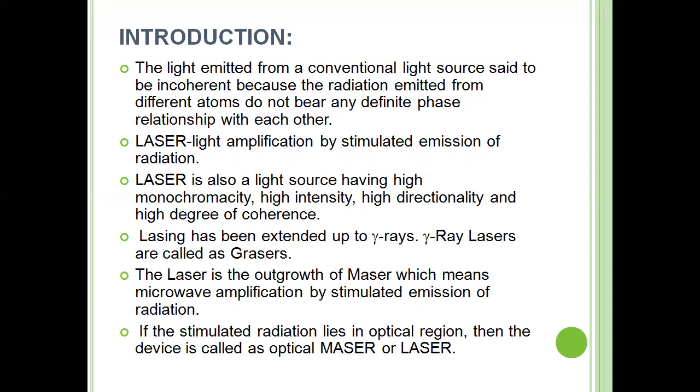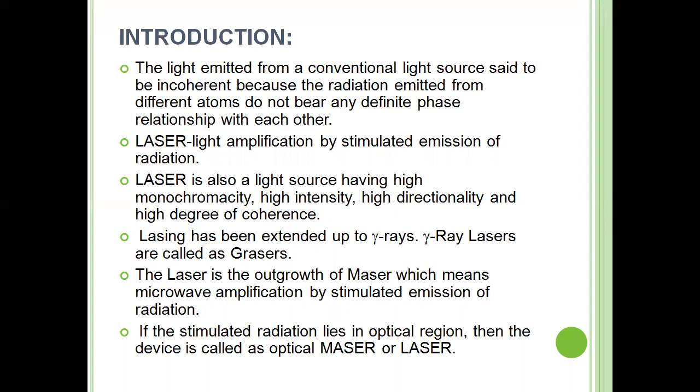Coming to the lasers, these have been extended up to gamma rays, which means that by using lasing action, we can produce up to gamma rays, and the lasers which produce these gamma rays are called grasers. And the laser is an outgrowth of the maser, which means microwave amplification by stimulated emission of radiation.